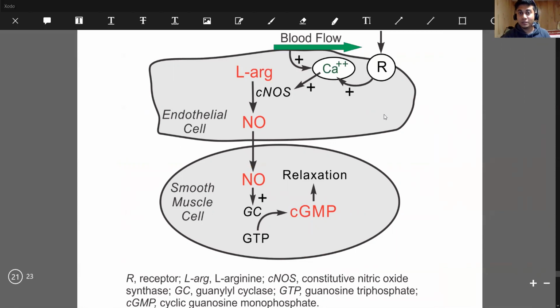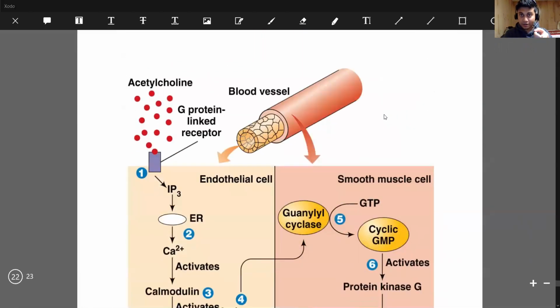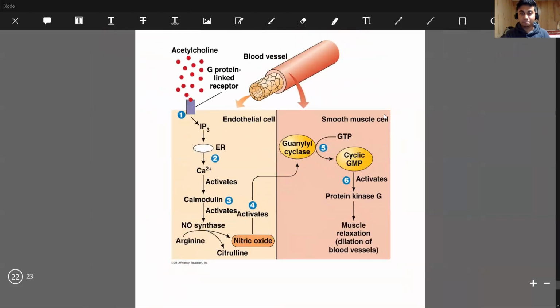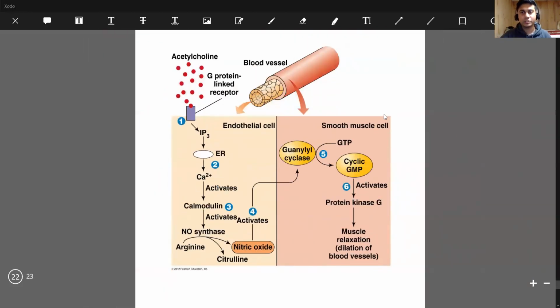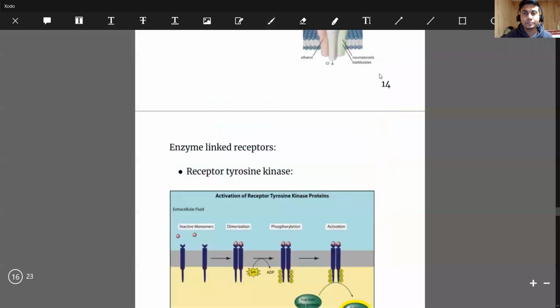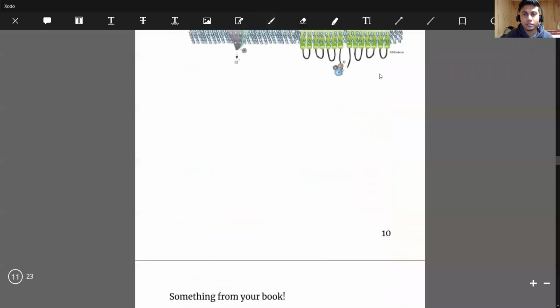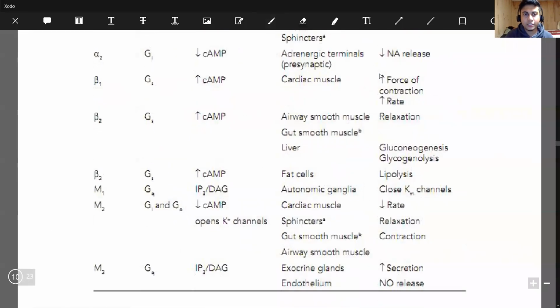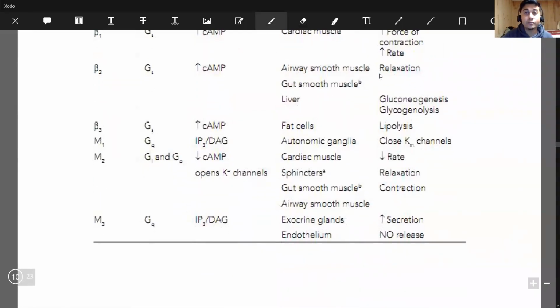No receptor. The receptor we are discussing here, this acetylcholine receptor, is a muscarinic receptor. Where's the confusion? Here on this chart you see that one type of muscarinic receptor is the M3, and this M3 receptor is a Gq coupled receptor.